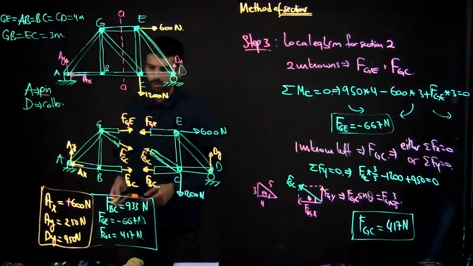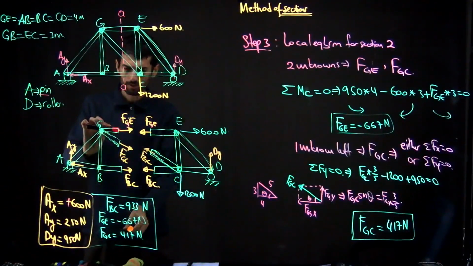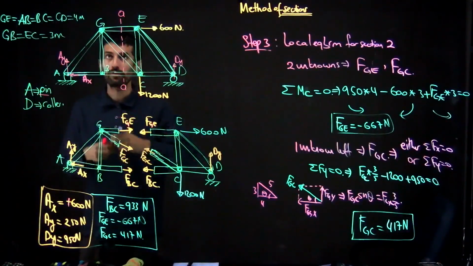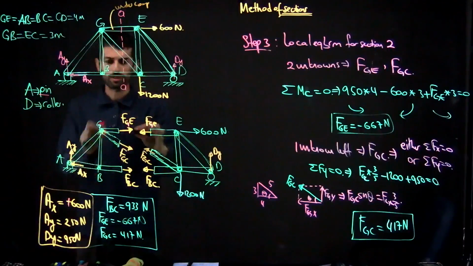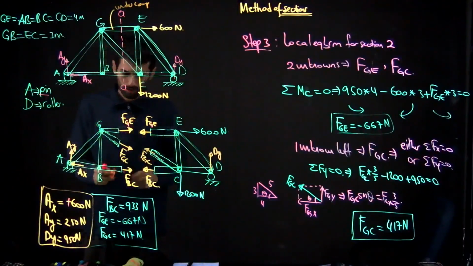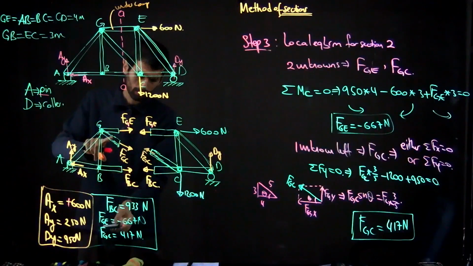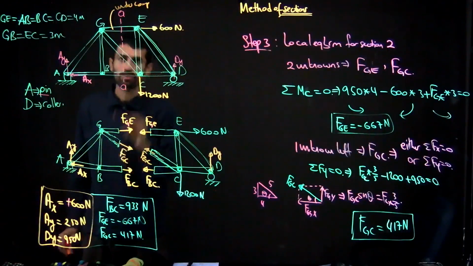We have found that for member GE, the force is negative. So it means that there is a compressive force. Then it follows that this one will be under compression. You see that the force is compressive, which is negative. For GC, you see that we got the same sign, so it means that the direction of the force is true, so this member is under tension.